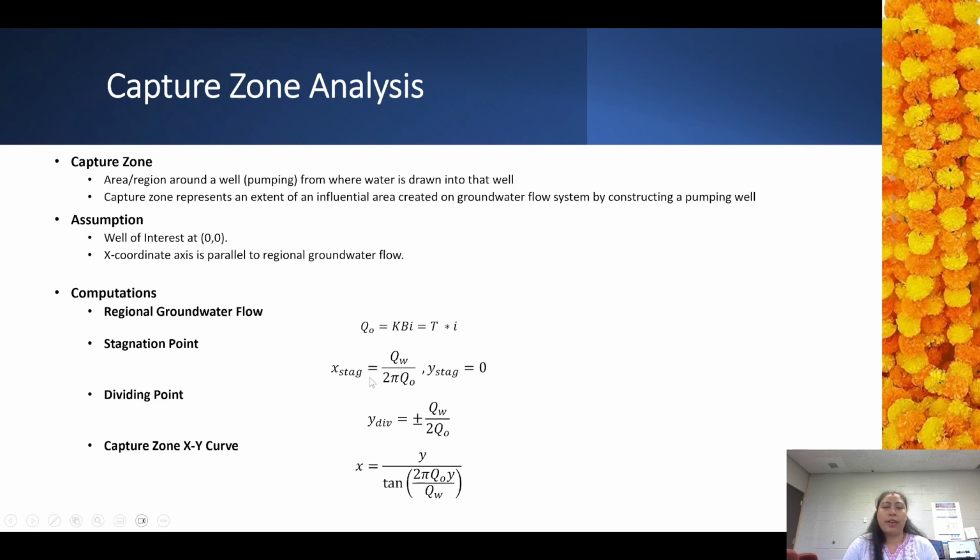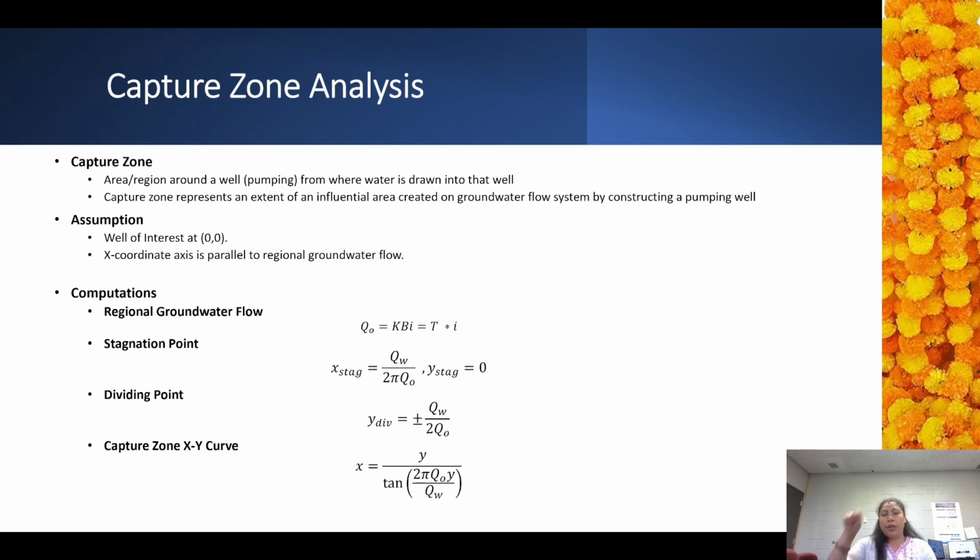So for the calculation of x stagnant, we need to have the pumping rate at which the water will be pumped out of the well, and Q0 is the rate of flow of water in the well. For the rate of flow of water in the well, we have a formula from Darcy's equation, Q equals K into b into i, where K into b is the transmissivity, which we already have from part 1, and from there we can get the stagnation point x stagnant.